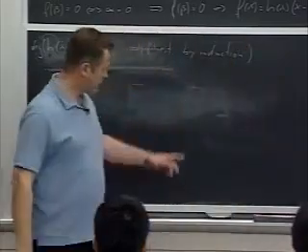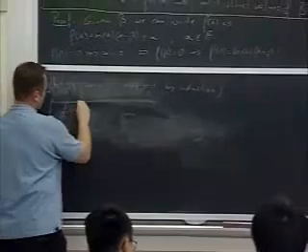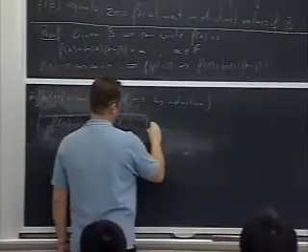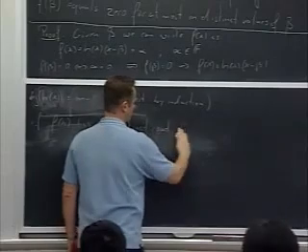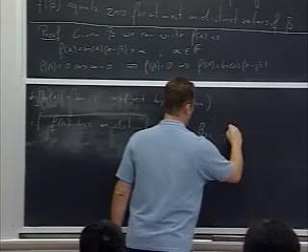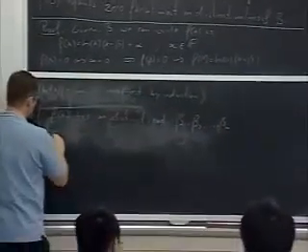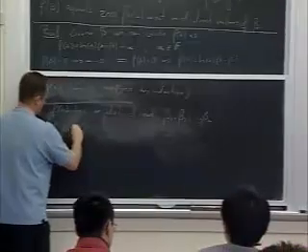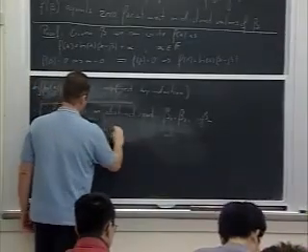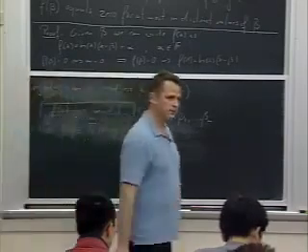In particular, we can say if f of x has m distinct roots, beta 1 through beta m, then it factors completely into linear factors like this.